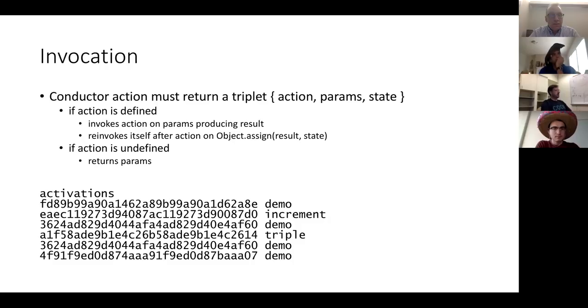What that means is that when you invoke a conductor action, just like when you invoke a sequence, from one invocation you get a series of activation records, not just one. There's one at the bottom that corresponds to the whole series, which will have, in particular, the final results for the invocation. But there are a few more. Like a sequence, you have an invocation of each action that is composed in the series, like the triple action and the increment action.